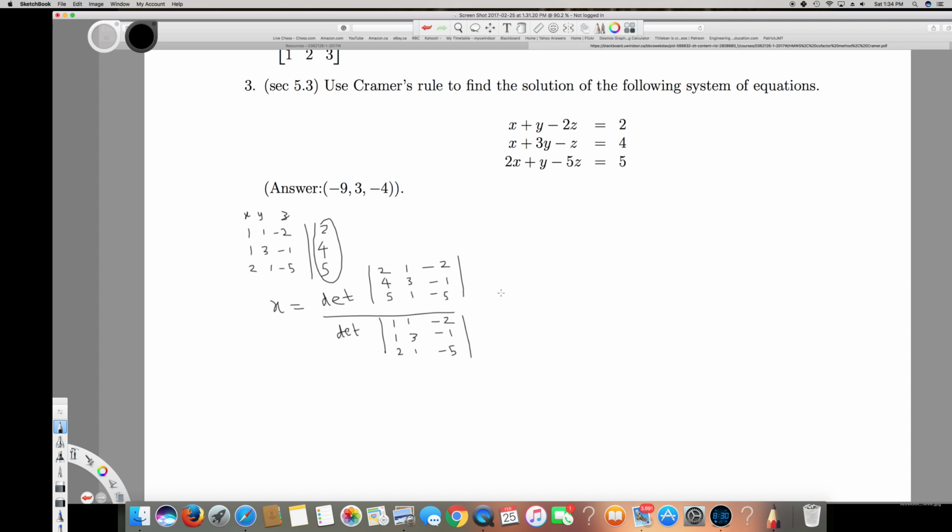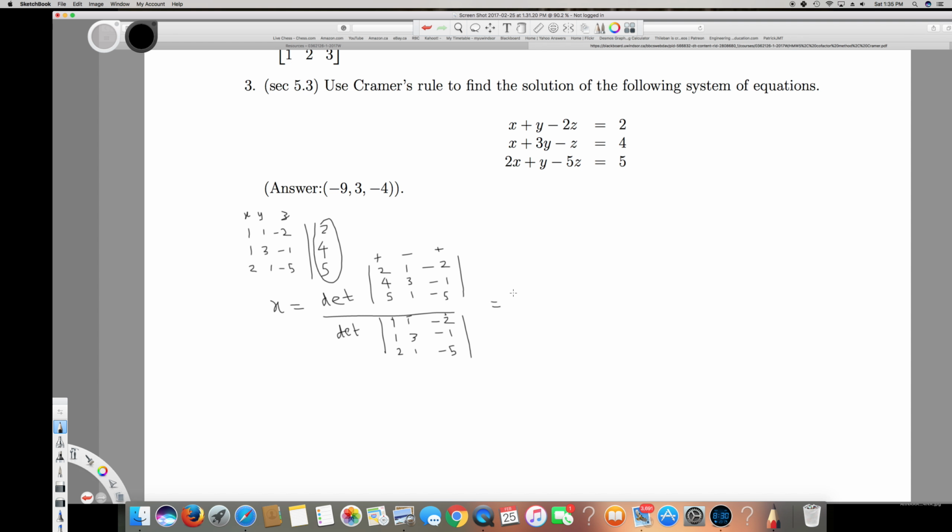Let me solve for the first one and see what happens. If I find the determinant of this one, the signs are plus, minus, plus. Same thing here, plus, minus, plus, right? If I take the 2, I have to get rid of all the horizontal and vertical components of it, so it's going to be 3, minus 1, 1, 5.